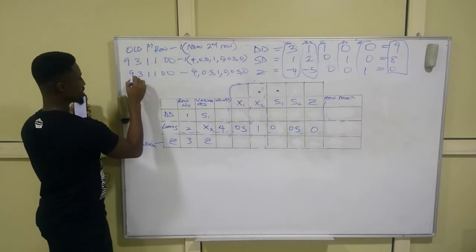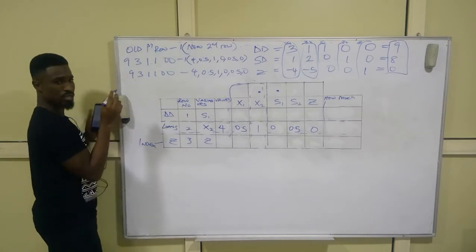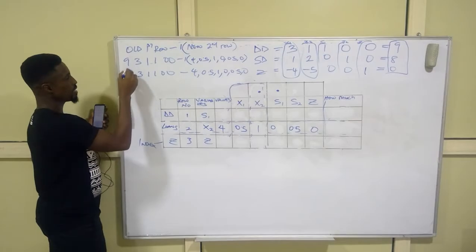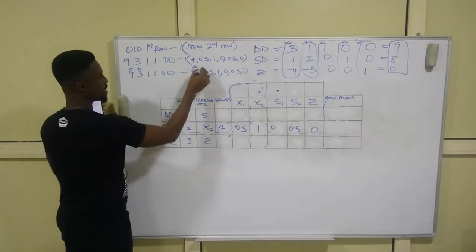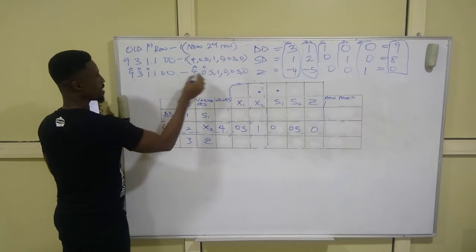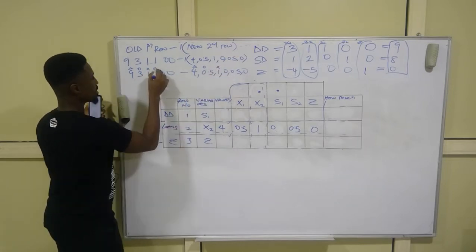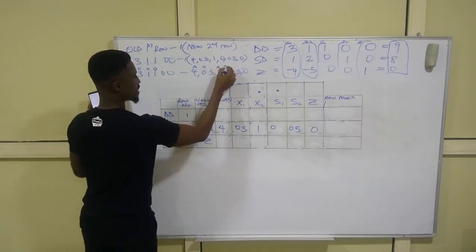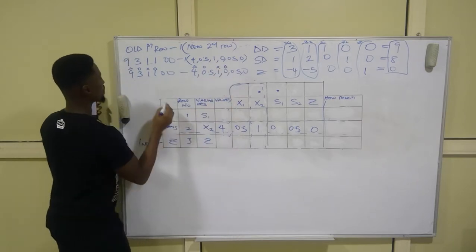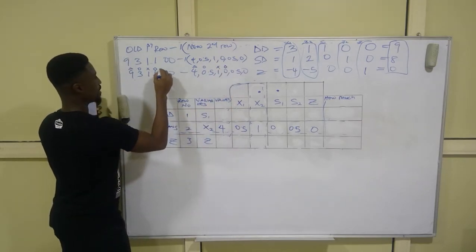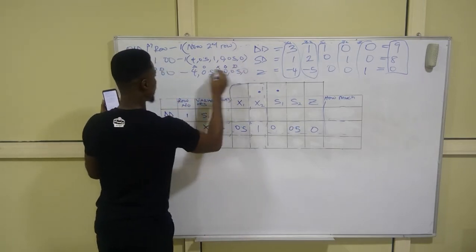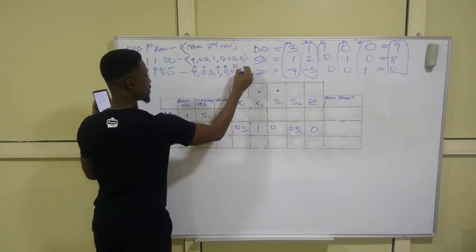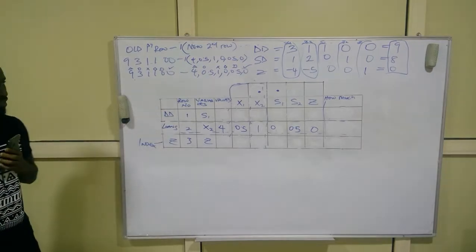So this 9, I'm going to be using shapes to represent them. 9 is with this, 3 is with this, 1 is with this, this is with this, a box is with this, and then this is with this. Does it make sense?